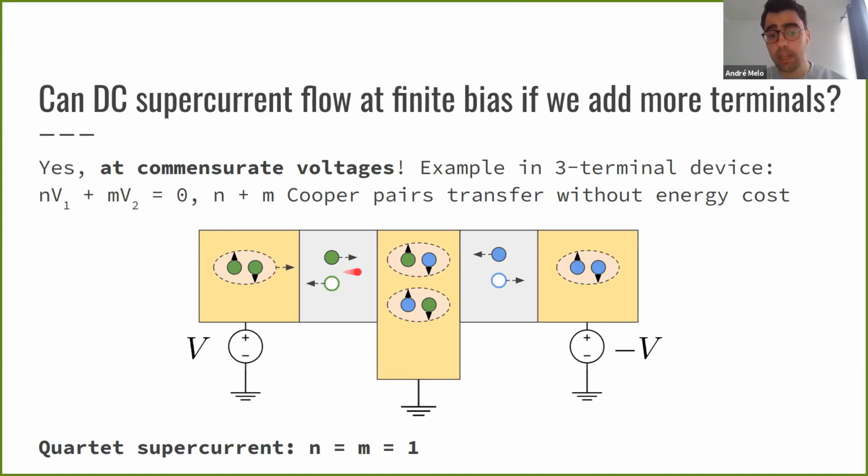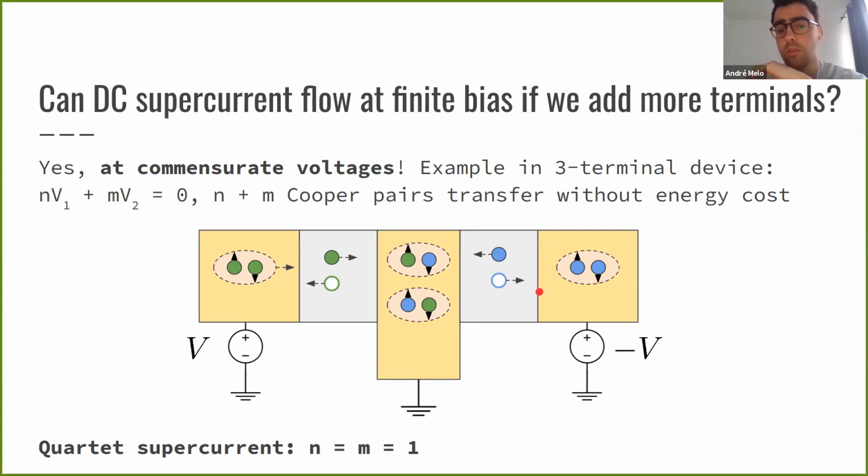So microscopically, how does one explain this? How does this come about? Well, let's again imagine that we have an electron traveling in this metallic region towards the central superconductor. This electron is going to go towards the interface and cross Andreev reflect as a hole to the other side.